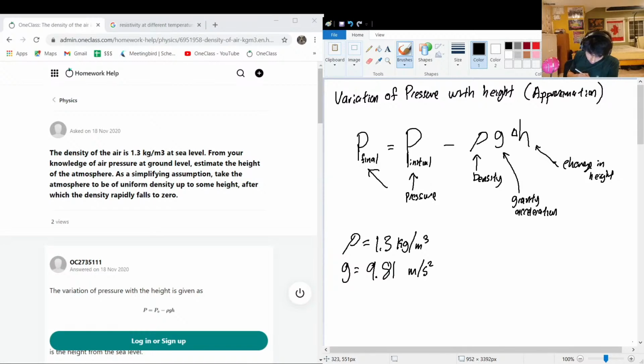And our H value is our change in height. This is to solve for.